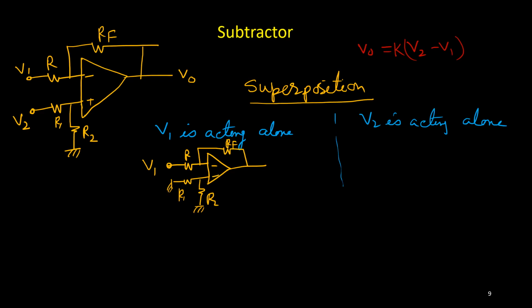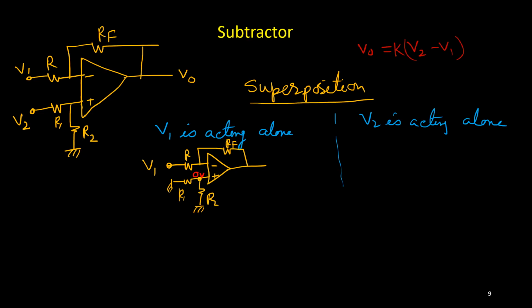You see this non-inverting terminal, there is no source, so there is no current. You can't expect any current in this branch, because we are not getting any current from here. So current through this branch is 0, no voltage drop, nothing is there. So this potential is 0 volt.